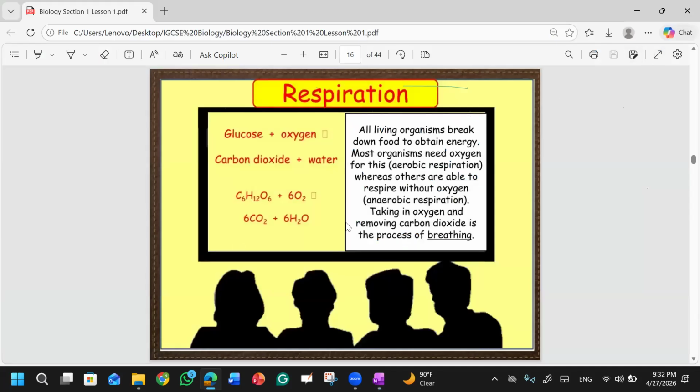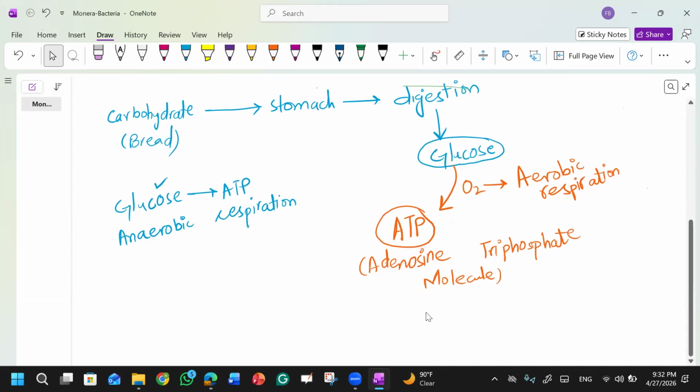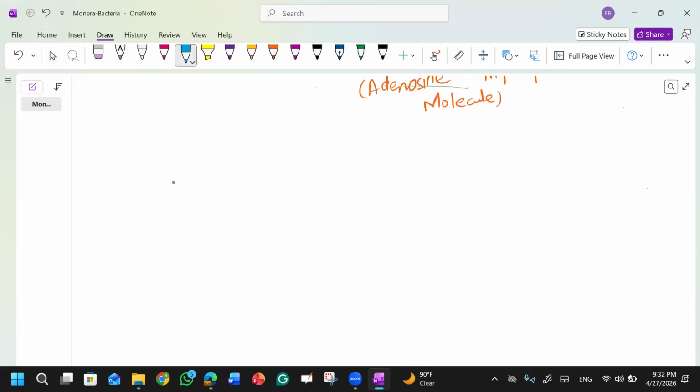But by the way, what is ATP? That is an energy molecule. When we talk about ATP, just like we have currency in our countries to buy something, similarly, I told you that there is glucose, but your cells cannot get energy directly from the glucose.